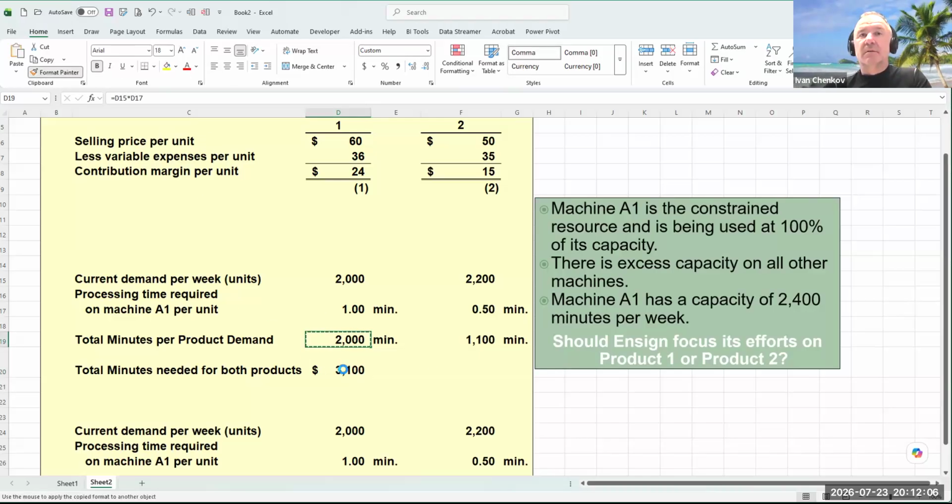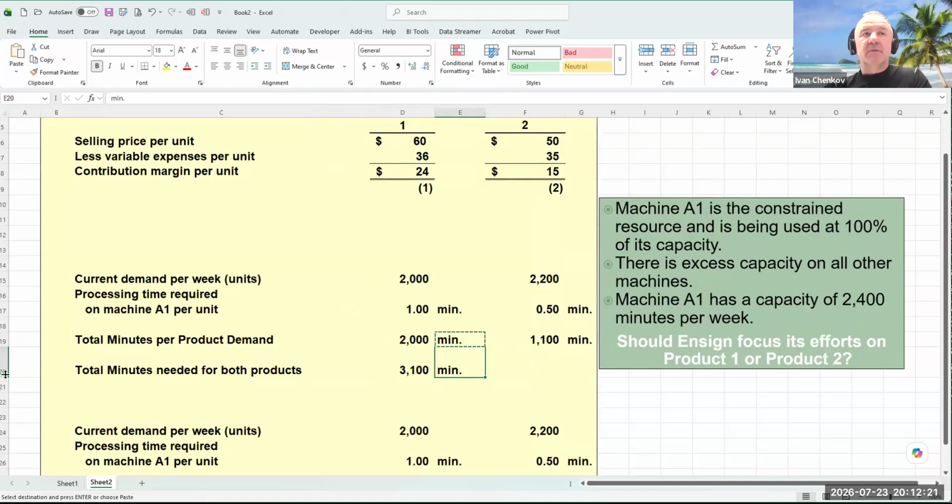Now my machine can give me only 2,400 minutes. So can the machine meet my demand? That will be the question here. Obviously, the machine cannot meet my demand.